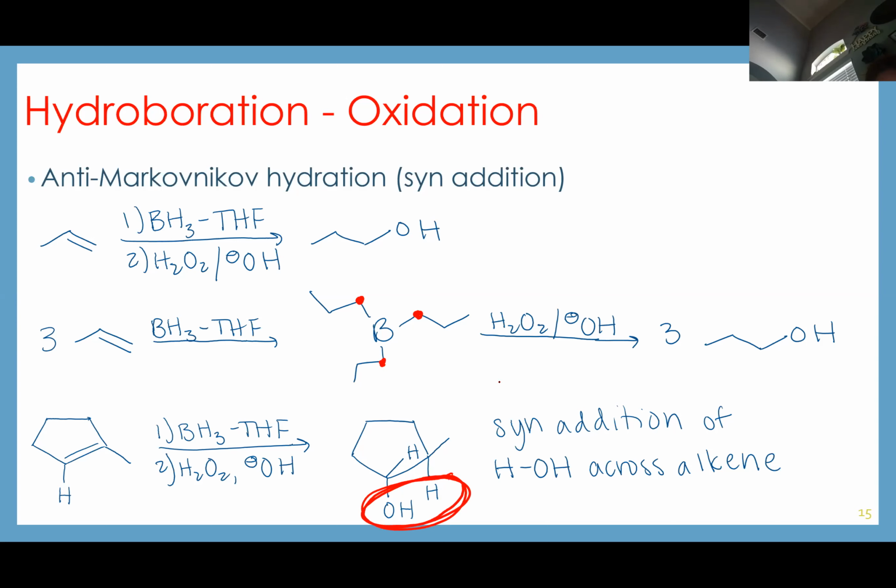So if you were to draw this alcohol flat, the alcohol would be down and the methyl group would be up. So the alcohol will end up on the opposite face of anything that was on the alkene. And also you get the anti-Markovnikov product.